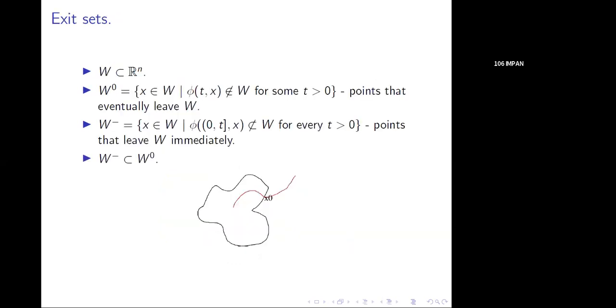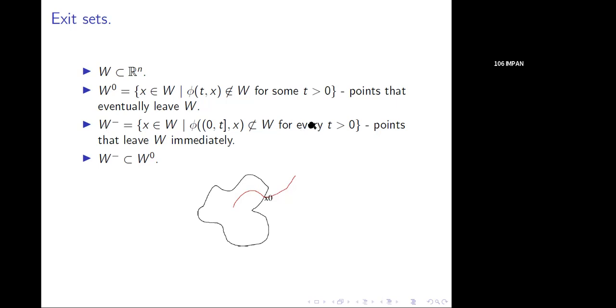And yeah, so I started by speaking about boundary dynamics versus interior dynamics. So let me introduce those two sets. For a subset W of R^n, W^0 will be just the collection of points that eventually leave W. So all the points such that the trajectory at some positive time doesn't belong to W. So points that eventually leave W. By W^- I will mean the points that leave immediately.